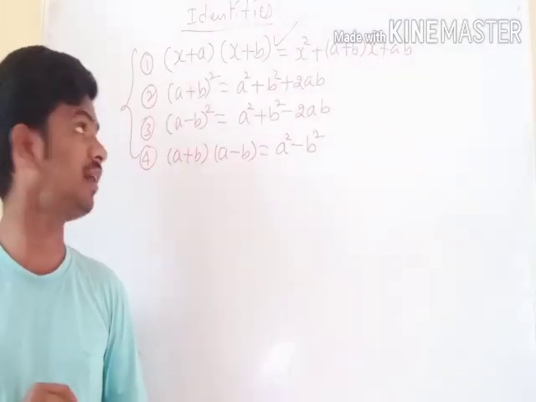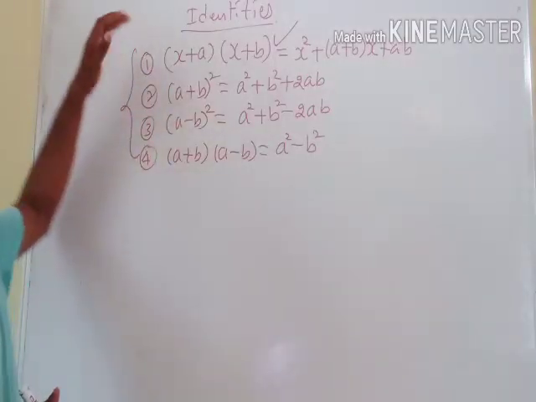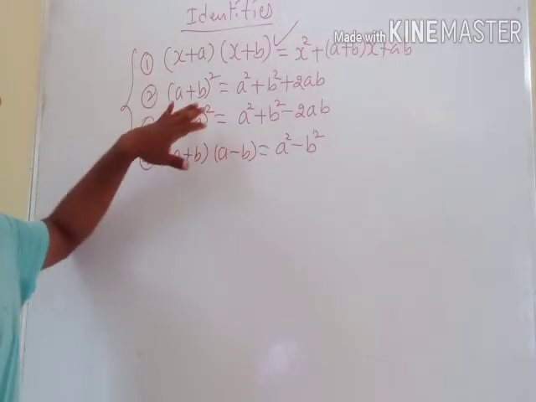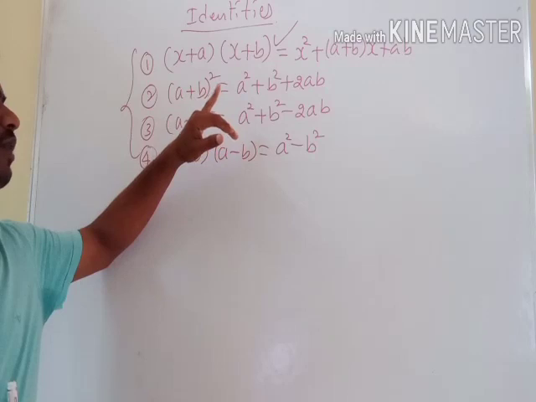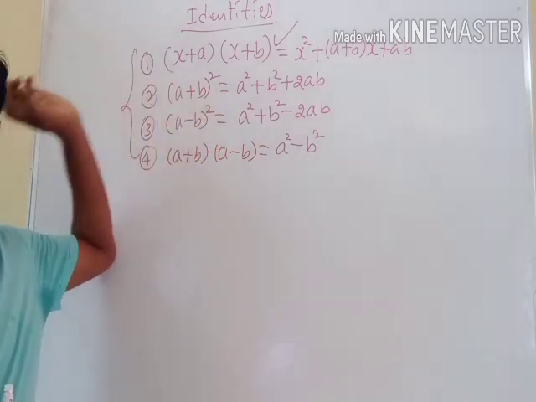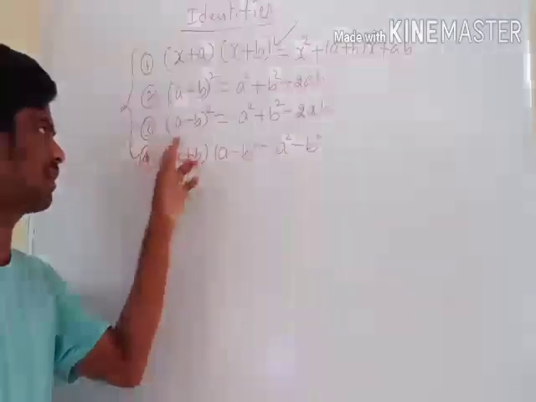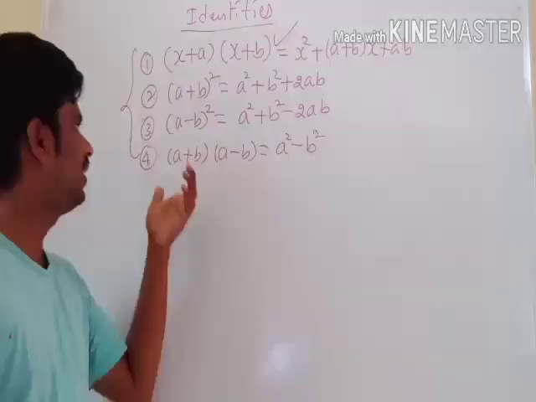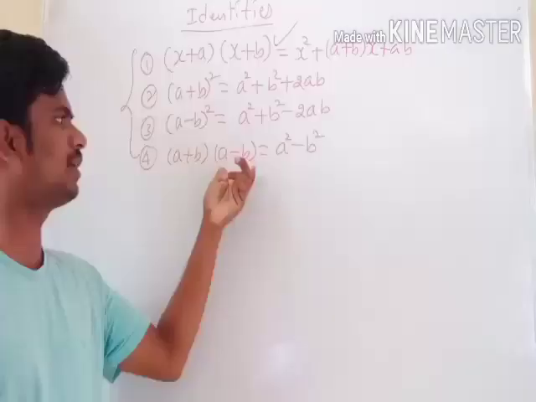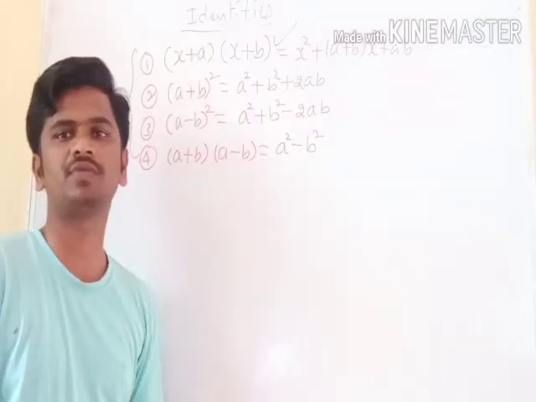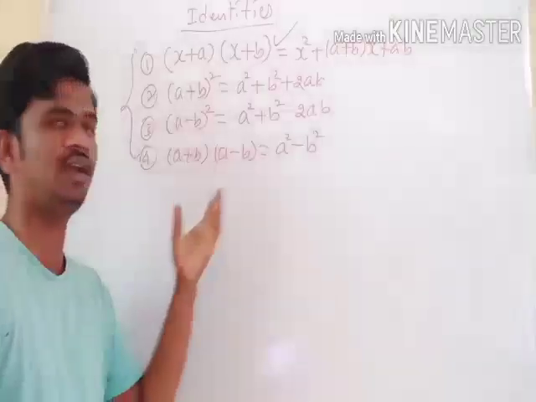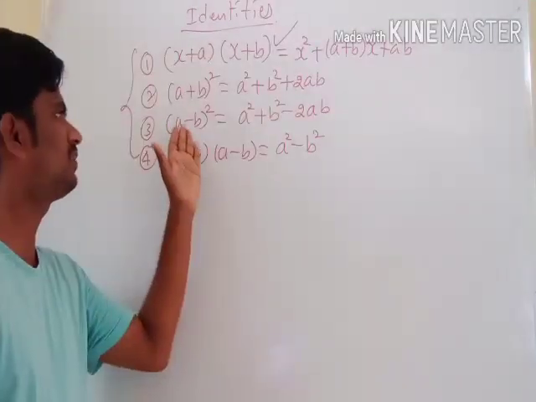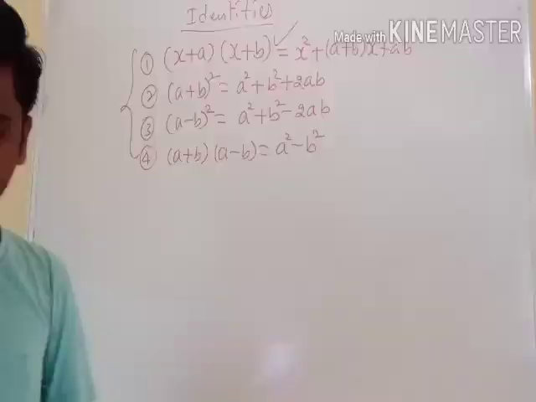Whatever values you take, here (a plus b) whole square equals a^2 plus b^2 plus 2ab, that is obviously true. In the same manner, (a minus b) whole square equals a^2 plus b^2 minus 2ab, as well as (a plus b) into (a minus b) equals a^2 minus b^2. You substitute the values of a and b, you will get LHS equals RHS. Okay.